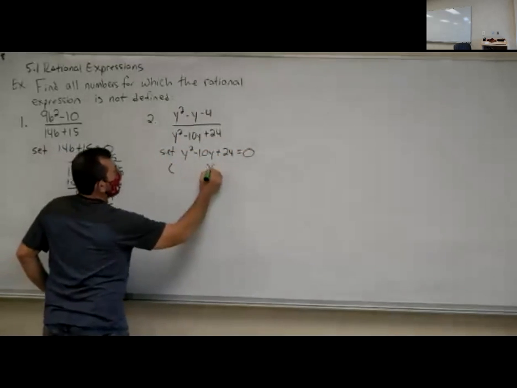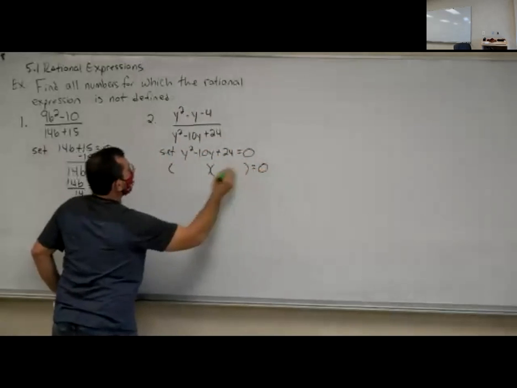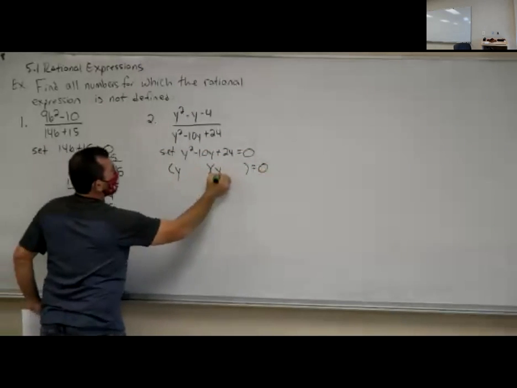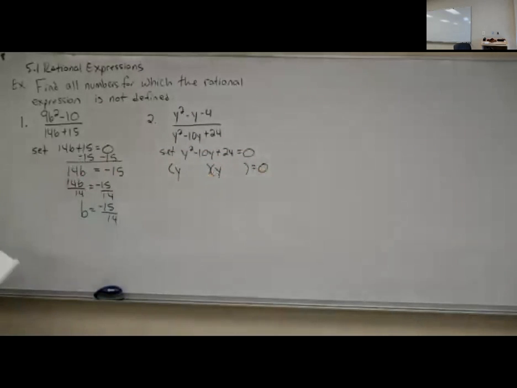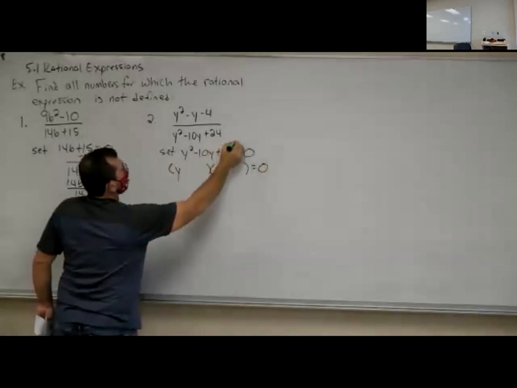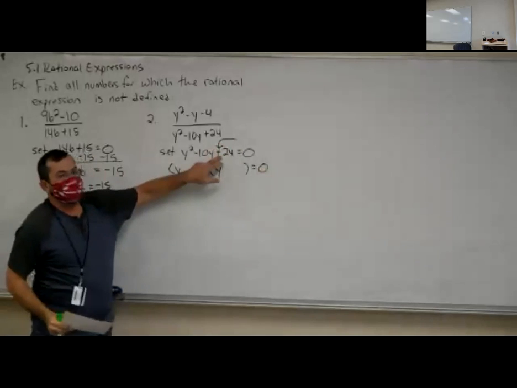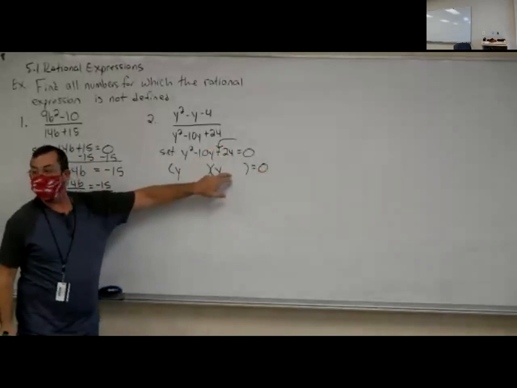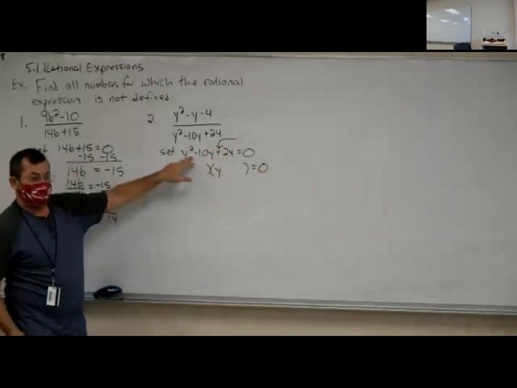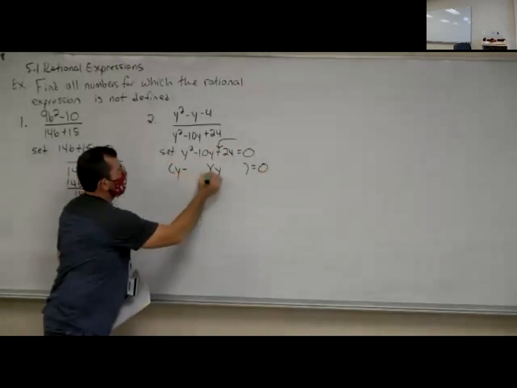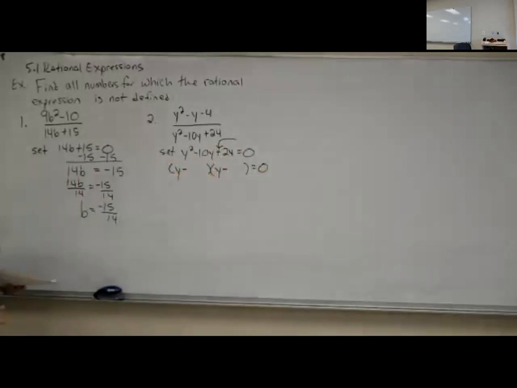I'm actually going to factor it. So I've got a y and a y. When you're factoring, anytime this last number's positive, both of these factors will have the same sign as the middle number. So these will both be negative. And you need factors of 24 that add to get 10.